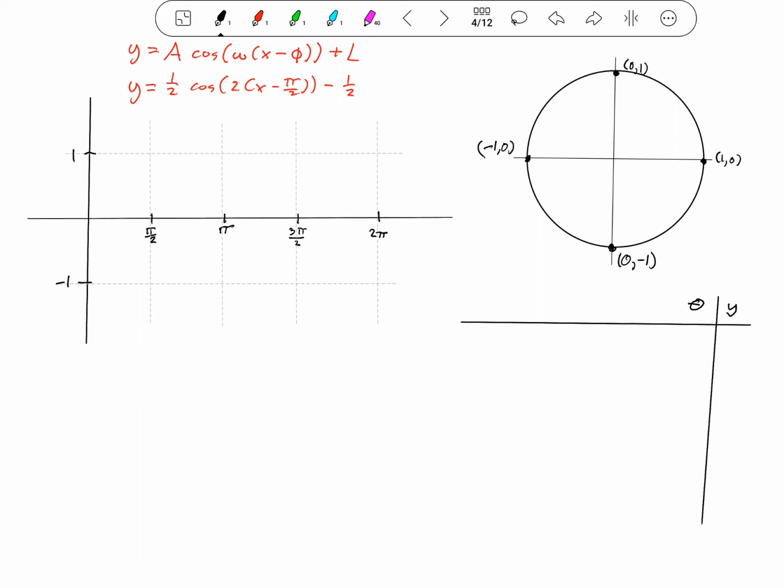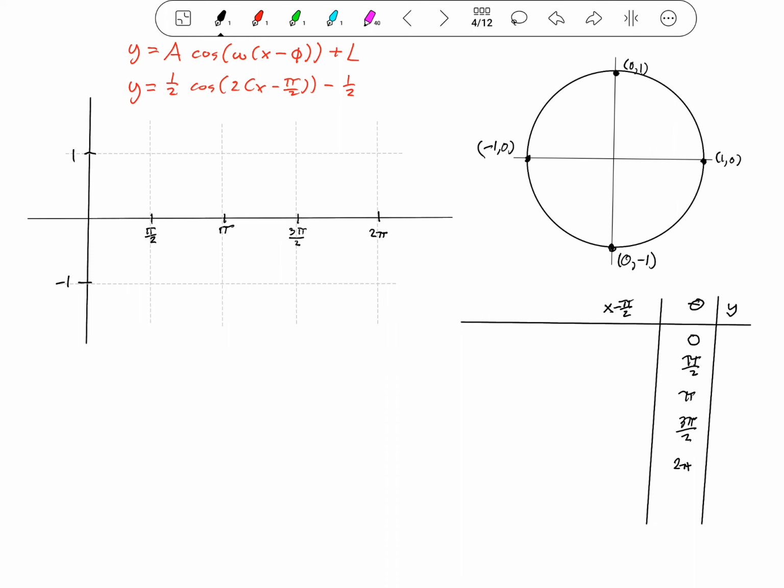They're going to be 0, pi over 2, pi, 3 pi over 2, and 2 pi. And so I need to figure out when I get to those angles. So I need x minus pi over 2 gets multiplied by 2 in my function.